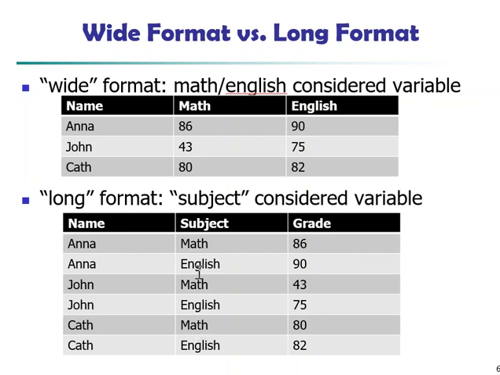And here, adding a subject doesn't affect the original structure of the 3 columns. Okay. So I just want to draw your attention to those 2 formats. Depending on the mining task, maybe one is better than another. But they both fulfill the tidy data requirements if you consider math and English are variables.